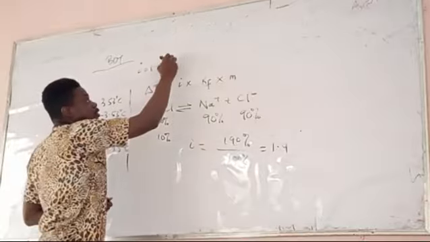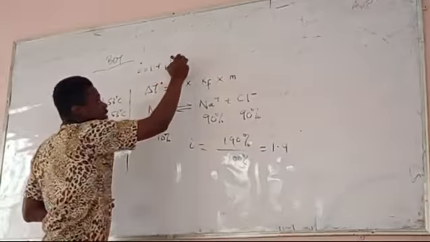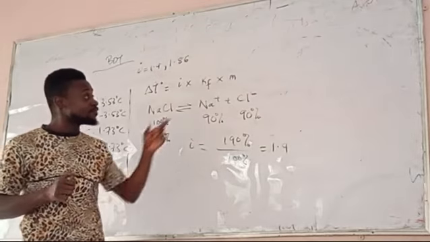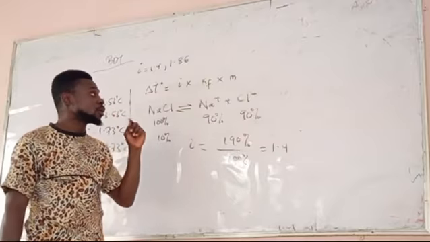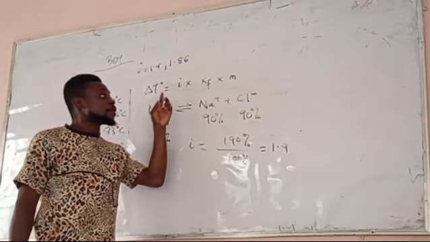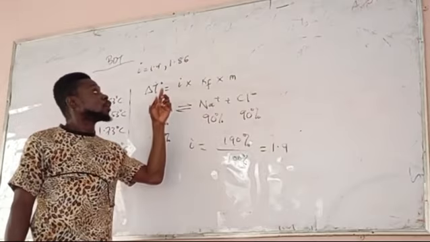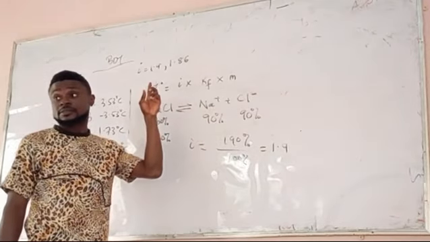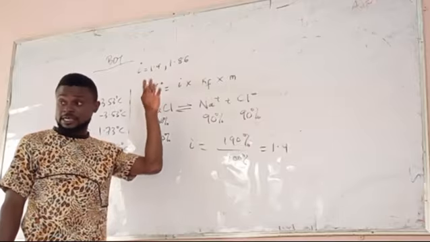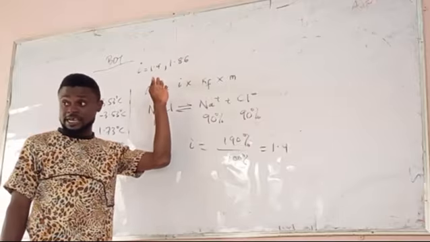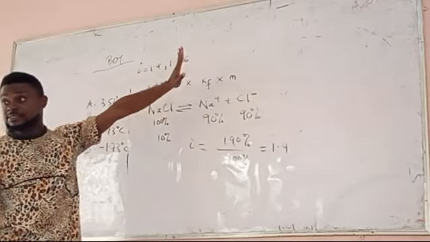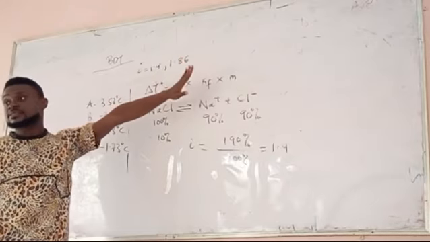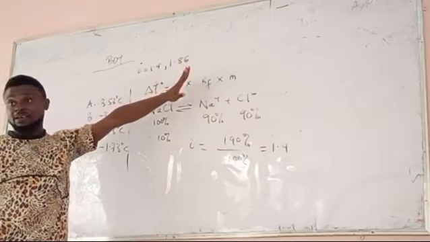Here is 1.86, but there are other things involved in this. Any issue there? Do you have any contrary opinion? No, this one is established. It's fixed. Is that clear?